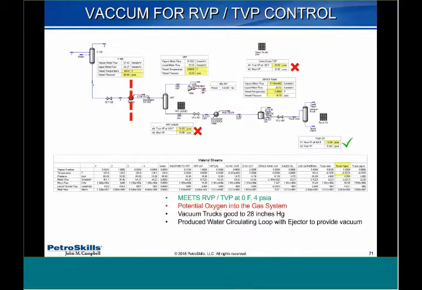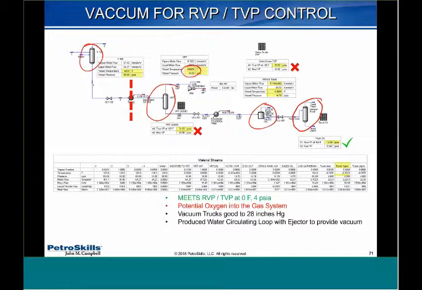Another thing you can try is if from your heater treater and it's wintertime and you've got a VRT or a stock tank and it's all cold, in this case it's at 0 Fahrenheit, you can use a vac truck, because once you pull a vacuum on the fluid, it's going to boil, and that's the other variable you have to adjust.